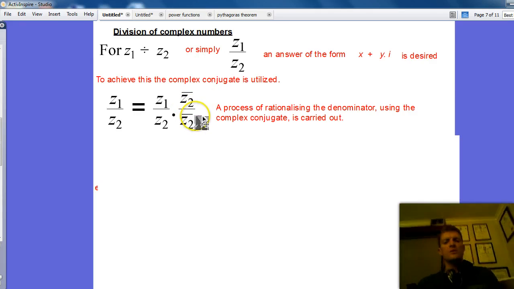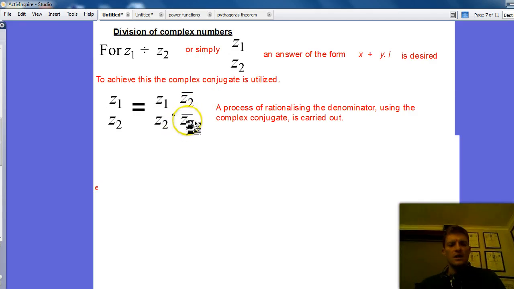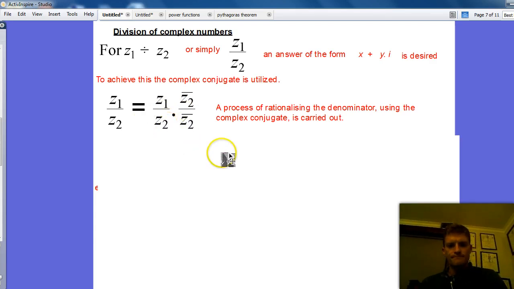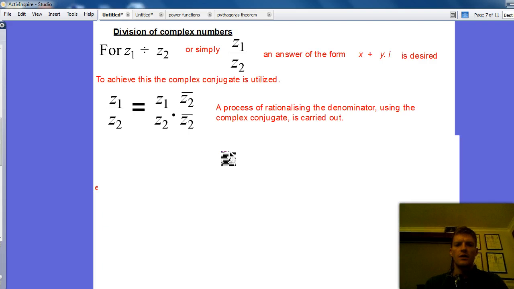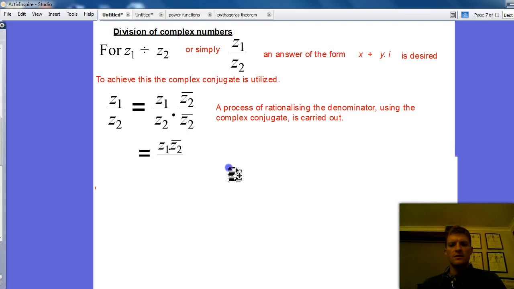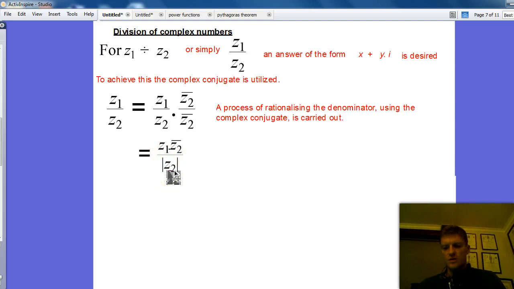So we multiply by its complex conjugate in the denominator, because, as we saw, multiplying by a complex conjugate returns a real number. There's no imaginary part left. And we also saw that a complex number multiplied by its conjugate gives the modulus squared, in fact.